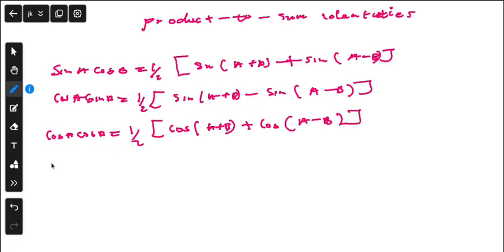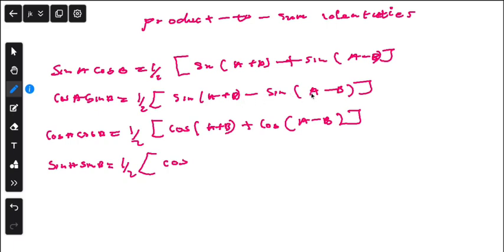The last one, sine A sine B is going to be equal to half, open bracket, cos. So when it comes to this one, it is the reverse of this one. But one thing that you need to understand here is that here we are going to use cosine throughout, but it is going to be the reverse of this one. In terms of the sign, it is going to be the reverse.